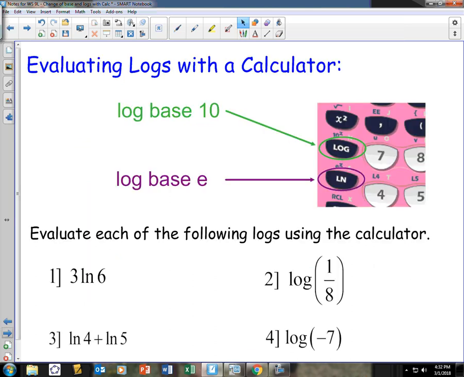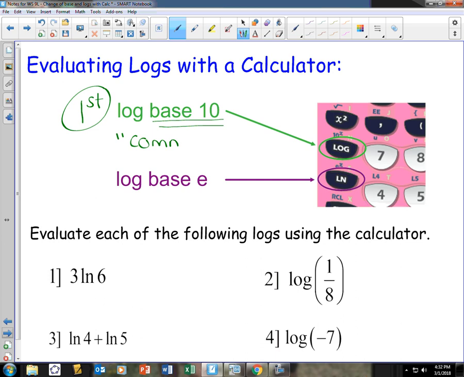So here's a picture of the calculator. Hopefully you can pull out your calculator. What you're going to see here is that there are 2 different buttons. This is the first button that I want you to recognize. That is a log that is base 10. That is actually called our common log. That should sound familiar, but that's our log base 10 button.